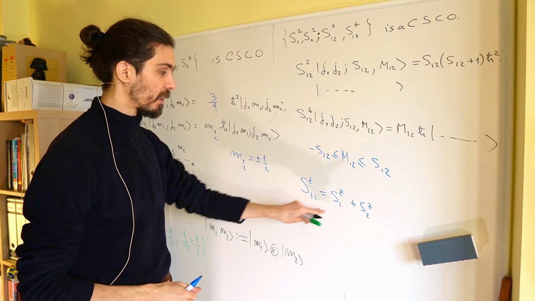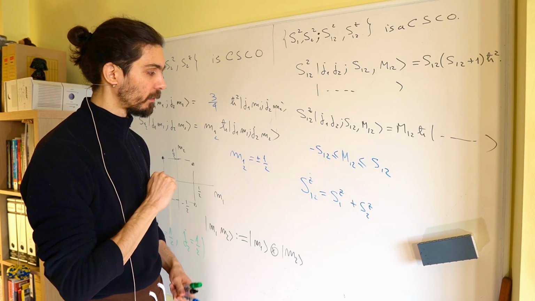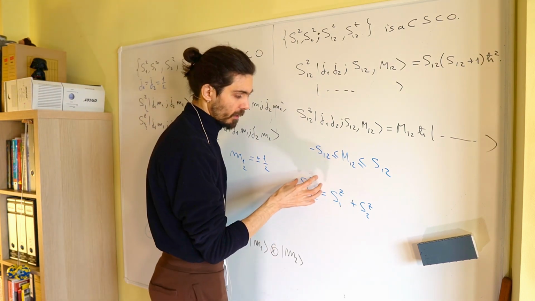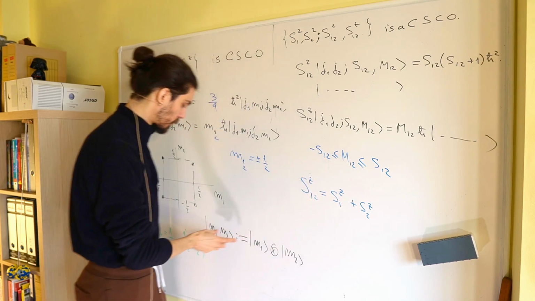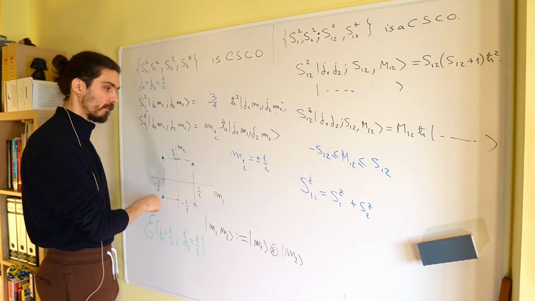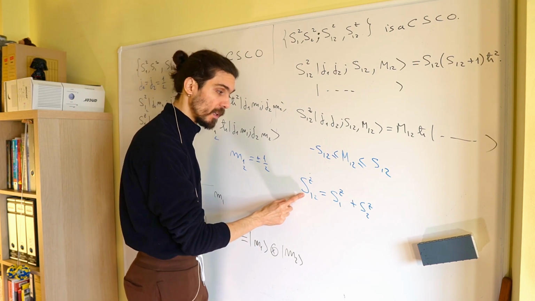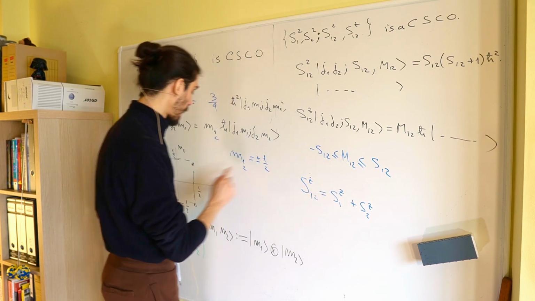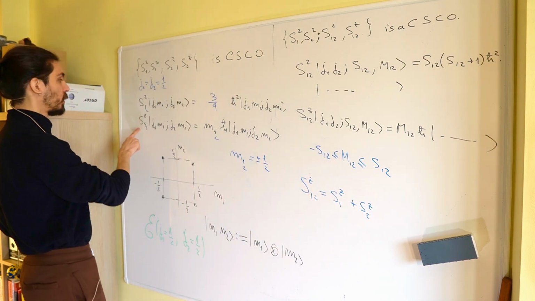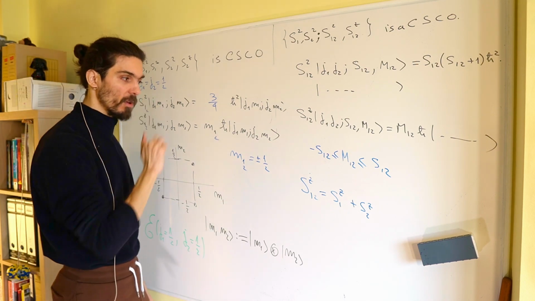This operator is just the sum of these two operators. This tells us something very important. I know how this thing acts on the old basis, because it is written as operators for which I know how they act on the old basis. How they act? Well, it's written here. This is very important.